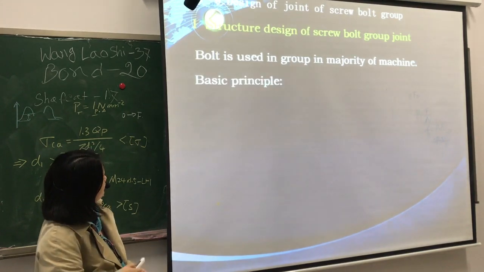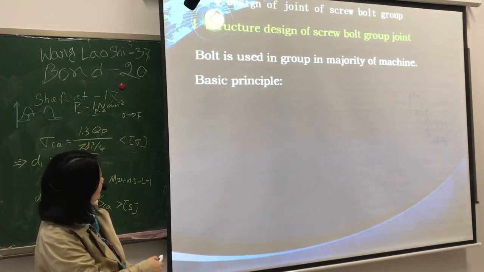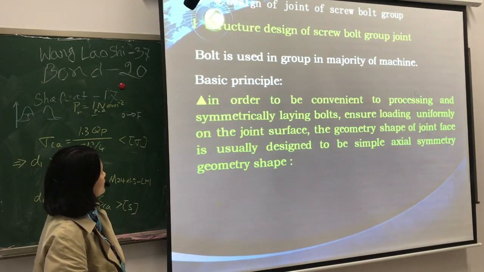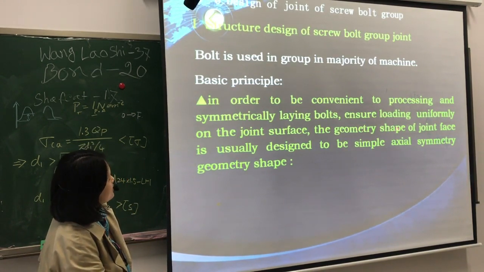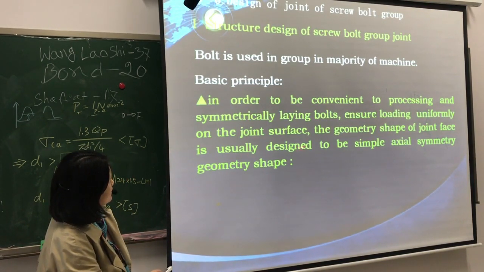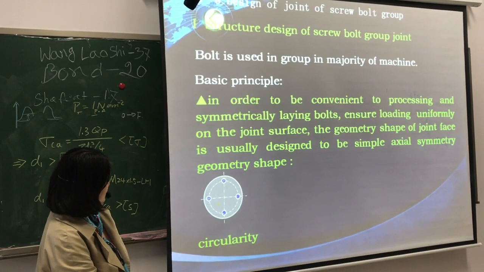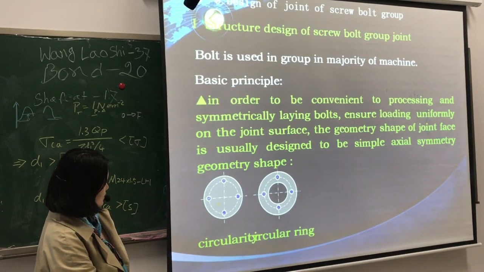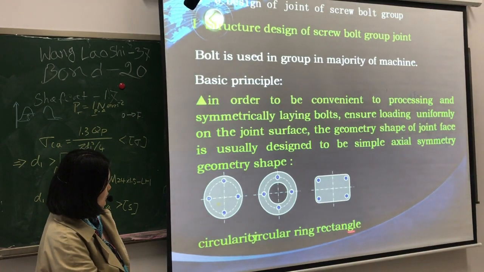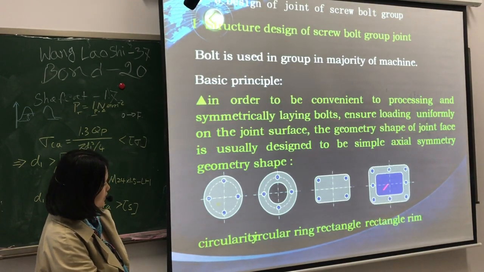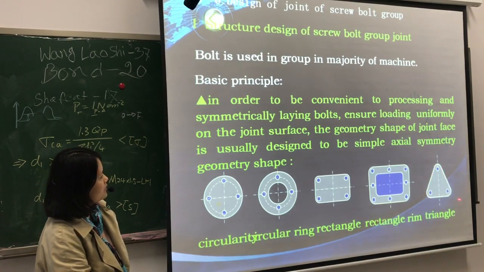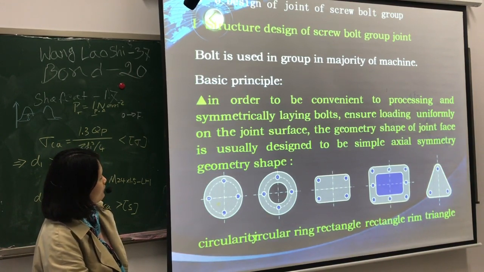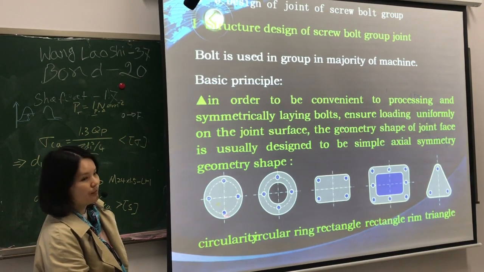For the bolt group, the basic principle is that the geometric shape of the joint face is usually designed to be a simple axisymmetric shape, like this rectangle or triangle, to ensure loading uniformly on each bolt.